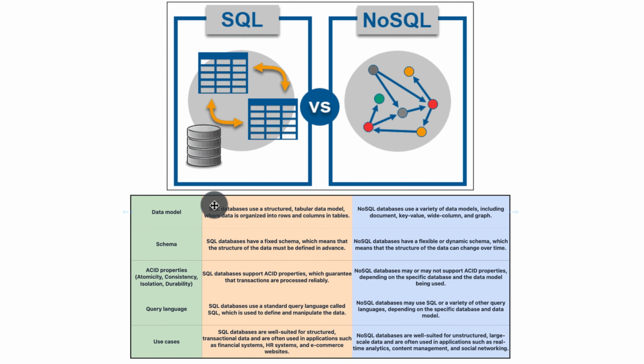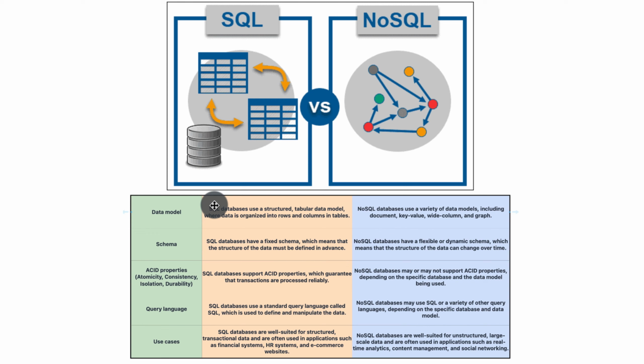The second one is the schema. SQL databases have a fixed schema, which means that the structure of the data must be defined in advance. On the other side, NoSQL databases have a flexible or dynamic schema, which means that the structure of the data can change over time.